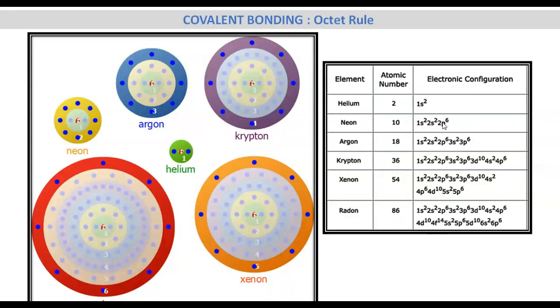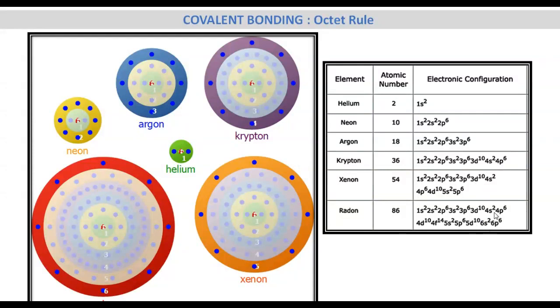Similarly, argon contains 8 electrons in the third shell, krypton in the fourth shell, and the other rare gases also contain 8 electrons in the last orbit.